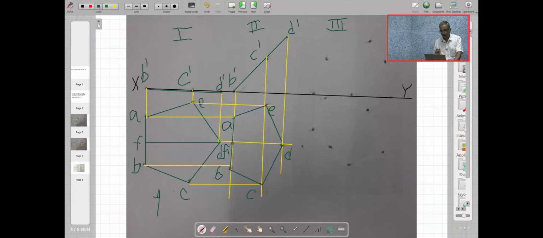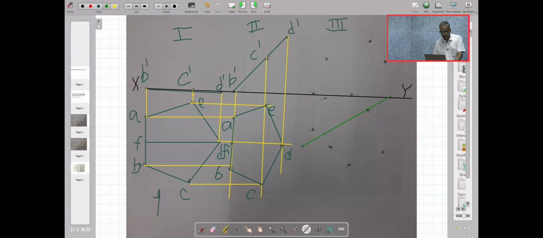So in stage 3, I will be drawing a line at an angle of 30 degrees. This will be my true angle, 30 degrees. This is the true angle.